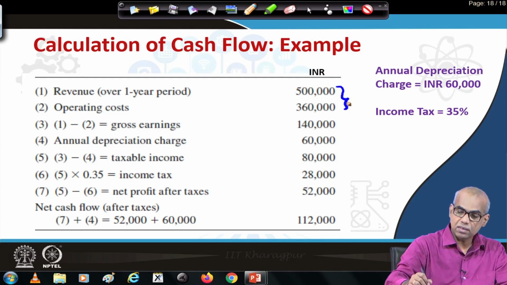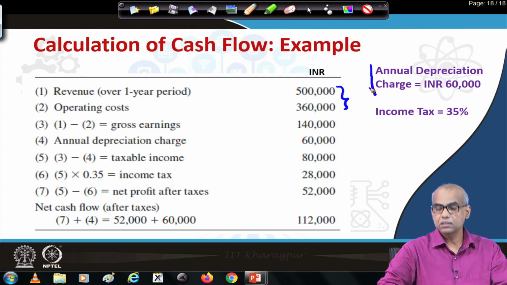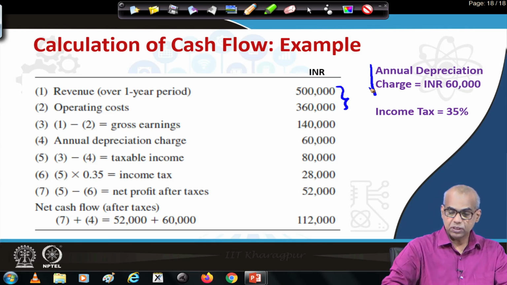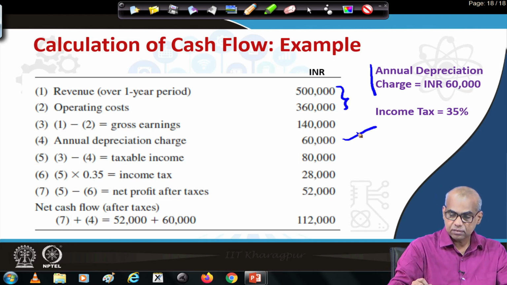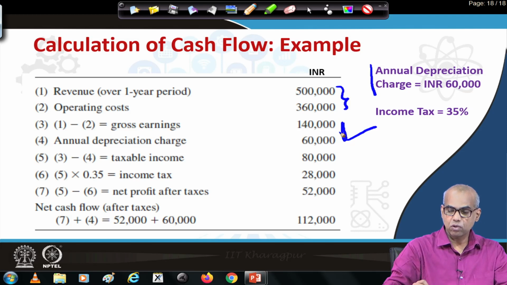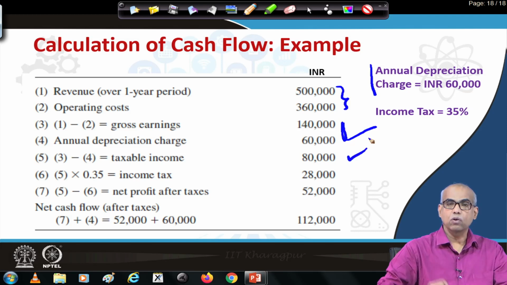Now, let us consider the annual depreciation charge is fixed at 60,000 rupees. So, what is the taxable income? Taxable income is, you subtract the depreciation from the gross earning. So, you subtract 60,000 rupees from 1,40,000 and you get 80,000.